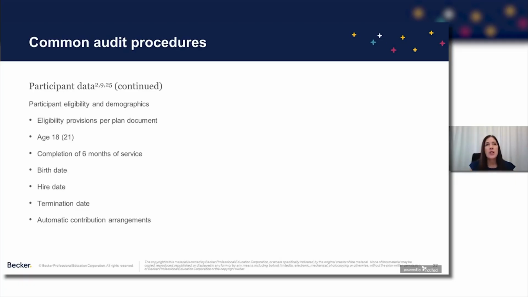I would say as little as probably 5-6 years ago, the majority of my plans were not any type of automatic enrollment or contribution. But now, I would say probably 75% of the plans that I audit are some type of auto-enroll, automatic contribution arrangement.